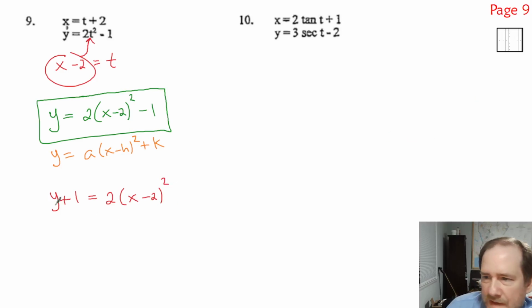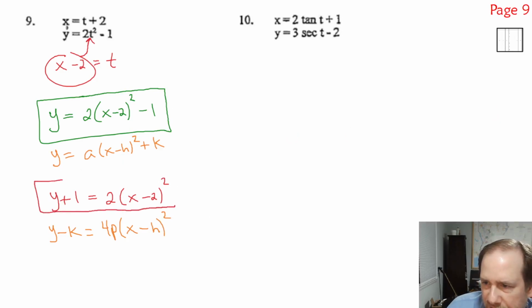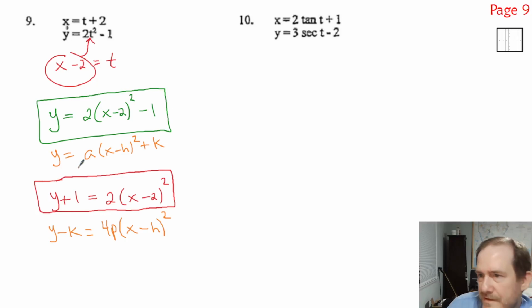And then this is in that conic sections form, y minus k equals 4p(x minus h) all squared. Again, I'm still not telling you what p is, but it's okay. Essentially, those two forms are so similar that I don't see how anyone could have a preference over one versus the other. You kids probably like the green one better, so that's fine. We'll do the green one.